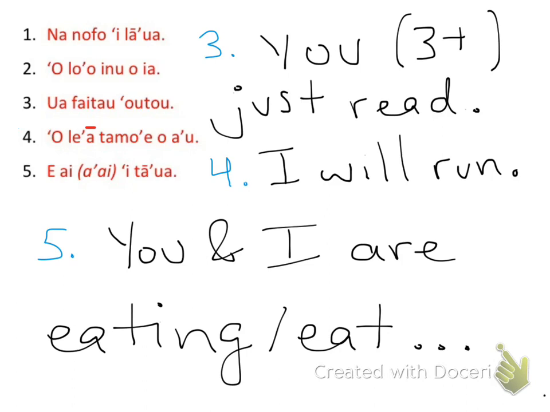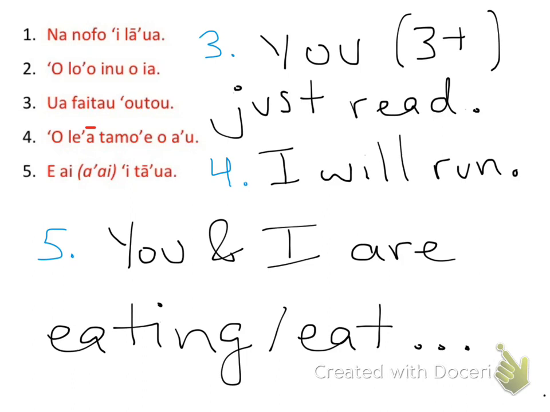And then 5, again, if you didn't have the 'i', that would be fine for now in the course. Just know that 'i' is for singular pronouns, like I, he, she, or you, and then 'ī' is the plural version of that. So if multiple people are eating, then you use 'ī'.